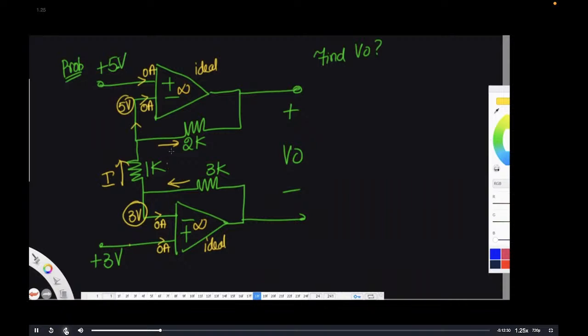All are same because op amp draws no current. This is I, this is also I. So what is I? I is going to be 3 minus 5 by 1. It is minus 2 milliampere. And now you can take a loop here, KVL. So what is KVL?